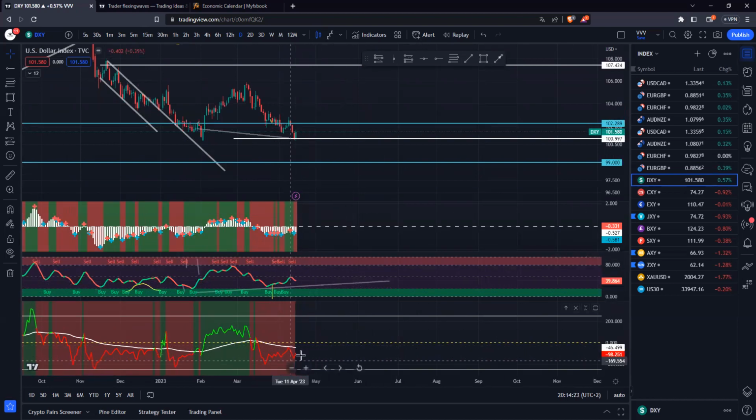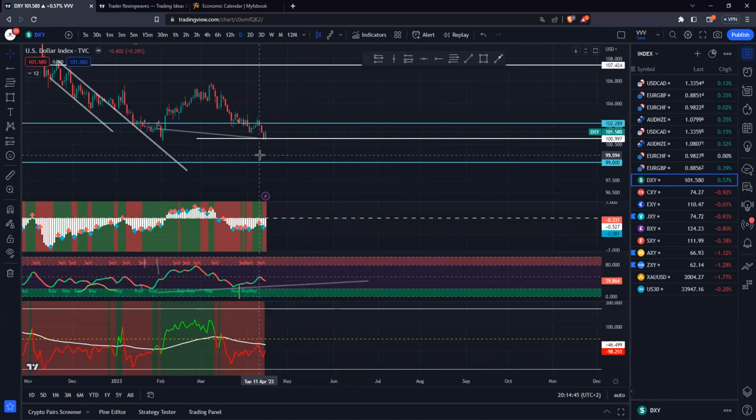Okay, there is also a divergence in the structure and a divergence in the EV plus. We didn't get the momentum yet, but I want to see the price make a reversal move actually. And this is for next week.